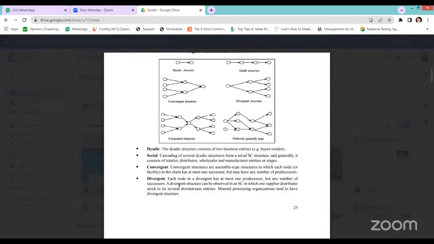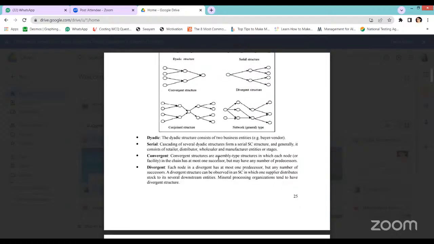The next one is the convergent structure. What does it mean? The picture itself is saying it: each node, each facility in the chain, has one successor and may have two or more predecessors. See here, each one has one successor, and this successor has two predecessors.